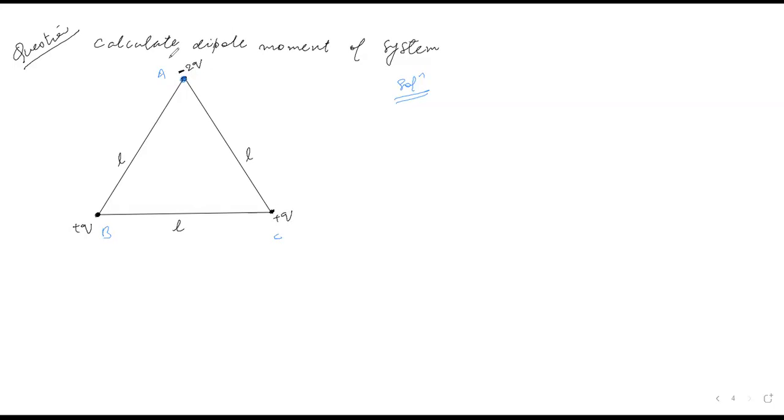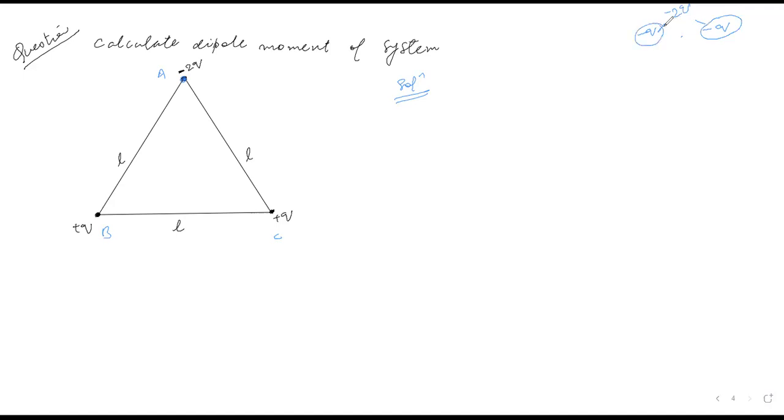In this way, we are going to separate minus Q and minus Q separately. We are treating this minus 2Q charge as minus Q and minus Q, separately.